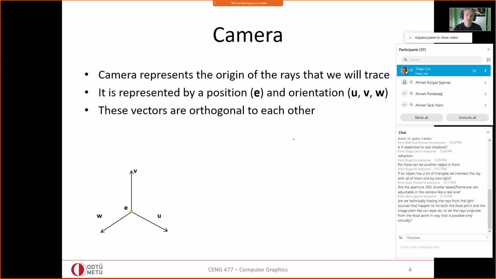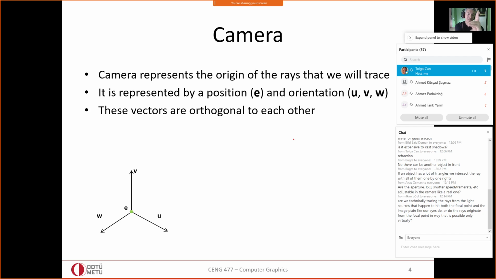Our camera will be a virtual camera in which the image plane is in front of the focal point. In reality, the focal point is in front of the image, therefore the image that is formed is reversed. If the light rays are coming from this direction, the image will be reversed.